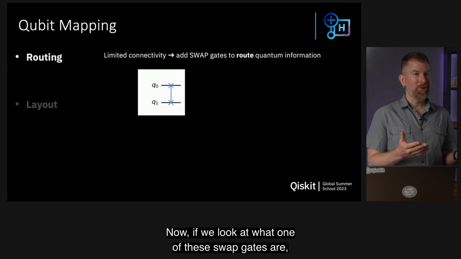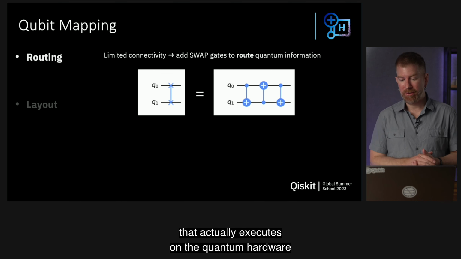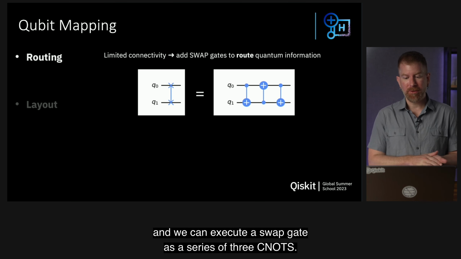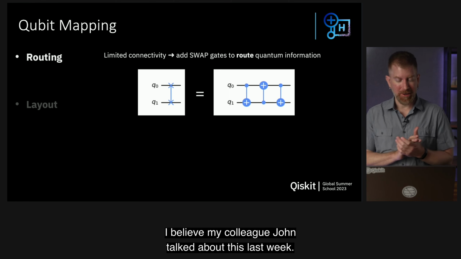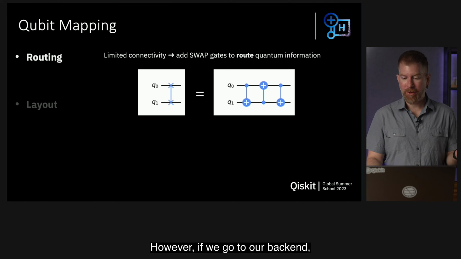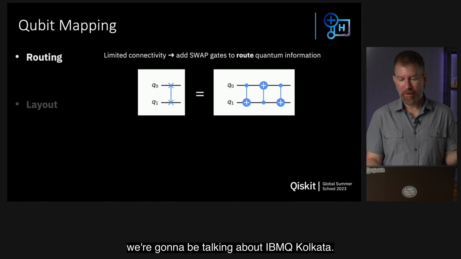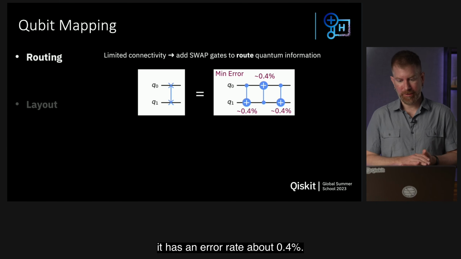Now, if we look at what one of these swap gates are, we can decompose this into something that actually executes on the quantum hardware, and we can execute a swap gate as a series of 3 C-NOTs. I believe my colleague John talked about this last week. However, if we go to our backend we're going to be talking about, IBM Q Kolkata, we look at our best C-NOT that we have, it has an error rate of about 0.4%.